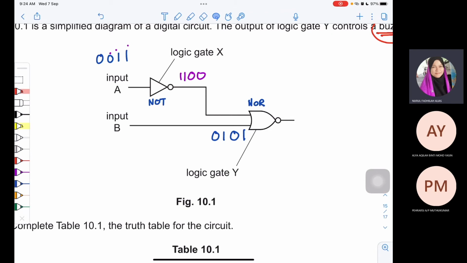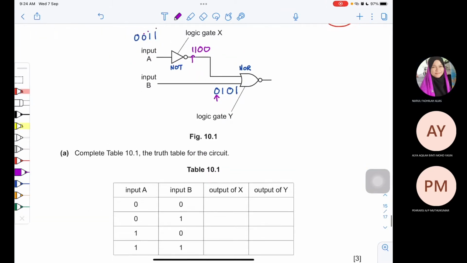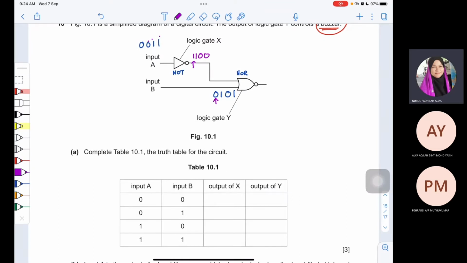Right, and then kita ada these two. Okay, so 1, 0. Okay, so if OR, jadi 1, 0 jadi apa? Okay, first kita tulis sini lah output of 1. X. Okay, sekejap X tu kita write here. 1, 1, 0, 0.